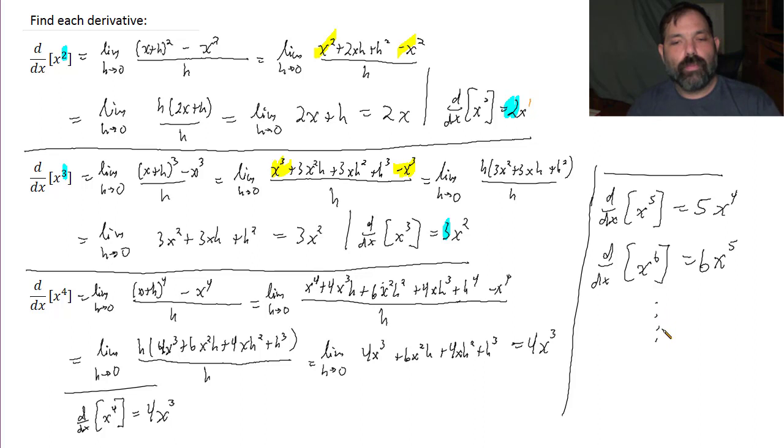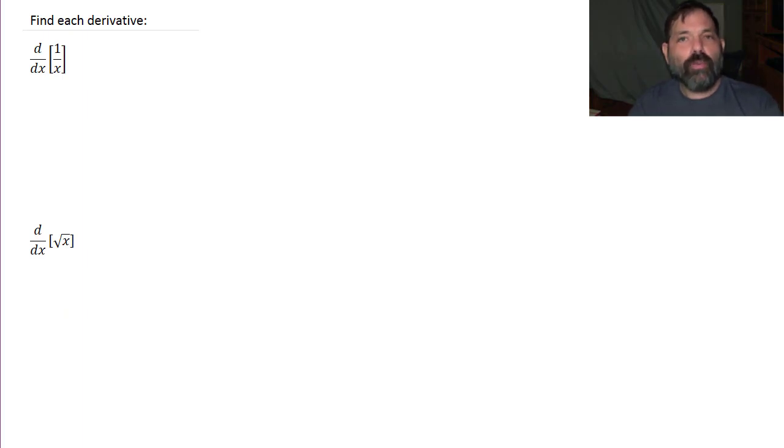Seems reasonable. All right, now, so far, we've only been dealing with whole numbers. Let's look at a couple other situations. What if we wanted the derivative of 1 over x? Now remember that 1 over x is the same as saying this is the derivative with respect to x of x to the negative first power.